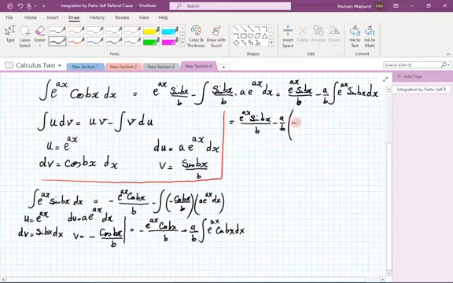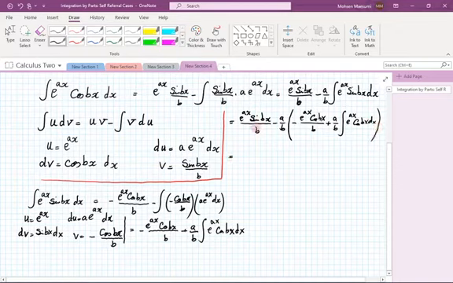It's minus exponential of ax cosine bx over b plus a over b integral of exponential of ax cosine bx dx. Let's expand this thing.